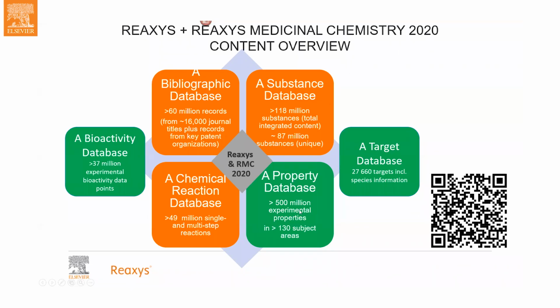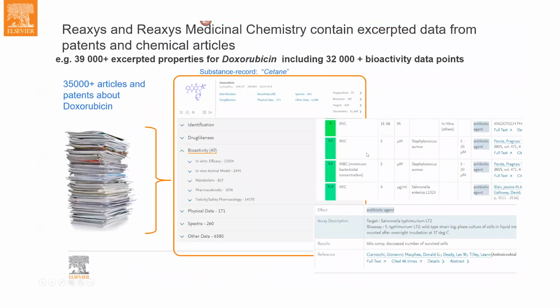And the information about usage is exactly there in the properties. Also, it's a chemical database which can help you to understand how to synthesize the molecule. And from EKB, the bioactivity database with 37 million experimental bioactivity data points and more than 27,000 different targets is also available via the EKB website right now.